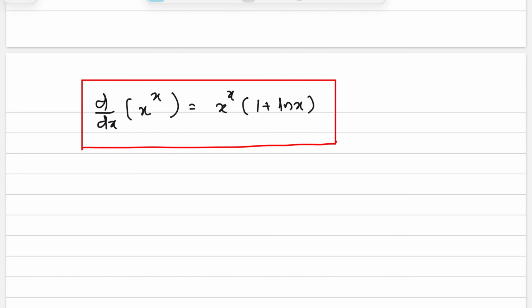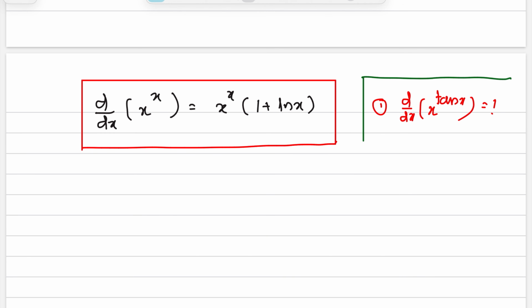Now, some practice questions you people please do for your benefit. One question I will give you as homework: d by dx of x to the power of 10x is equal to how much? If you have any problems, please put in the comment column.